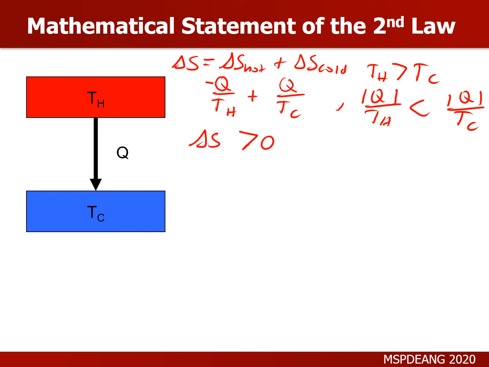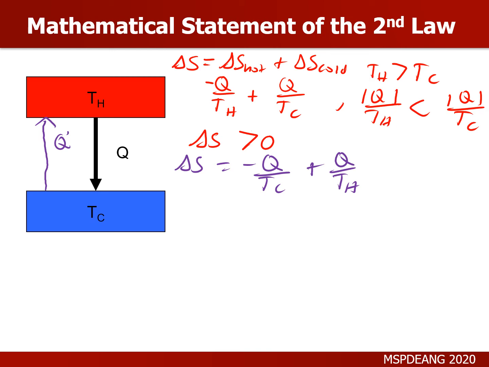Now, what if baliktad yung nangyari? Supposedly, ginawa lang natin na from cold to hot. That's called Q prime. Okay? So, delta S ng process na yan is equal to negative Q over TC plus Q over TH.